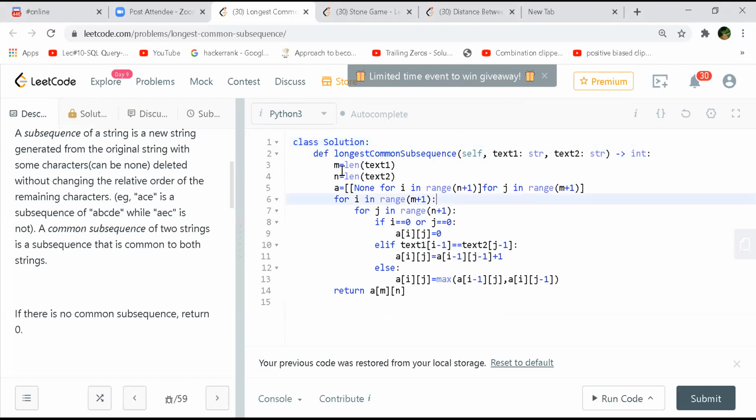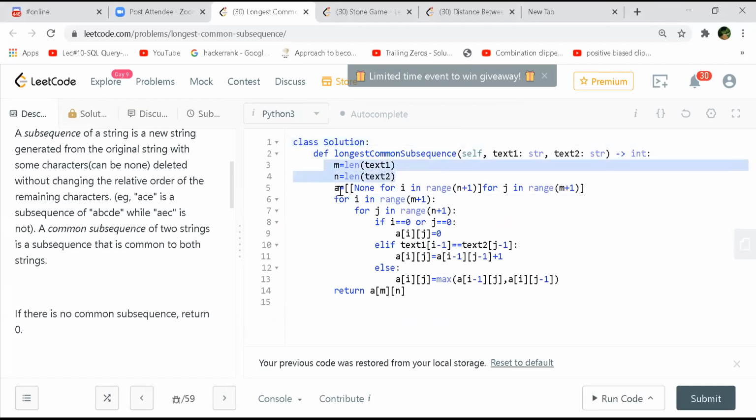This is the bottom-up I have done. Calculating the lengths of both of them and creating a DP array of size length of first by length of second, and just going through that array.